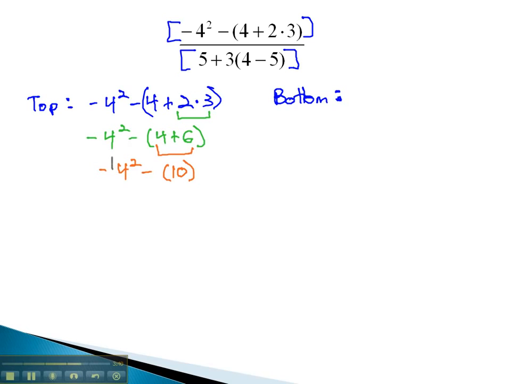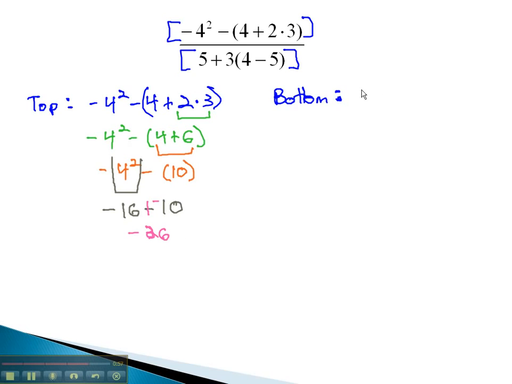Next come the exponents. Remember, the exponent is only going to square the 4. The minus means opposite. So we have the opposite of 4 squared, or 16, minus 10. And finally, adding the opposite will give us negative 26 for our numerator.